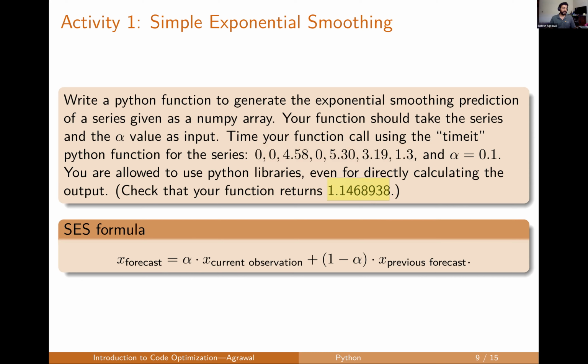I'll give you 5 to 10 minutes, and until then I can take any questions you have so far. And also make sure to time your function using the timeit module or magic function, depending on whether you are using Jupyter Notebook or a text editor to run your code.